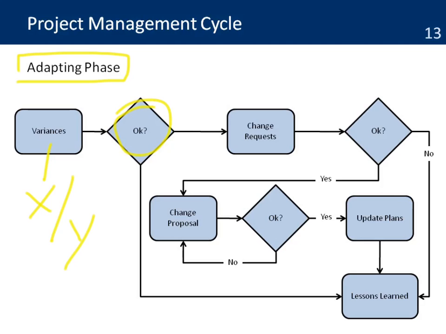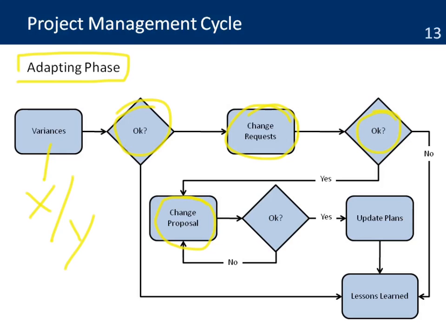So if there are changes in the project, then we generate them in a process called a change request. Those change requests are first looked at to see if there is any opportunity, if they are valid, and if they are relevant to the project. Then they go to the process of the change proposal. Usually they are sent because there are going to be implications to the scope, the schedule, and the budget, and they need to be reviewed.